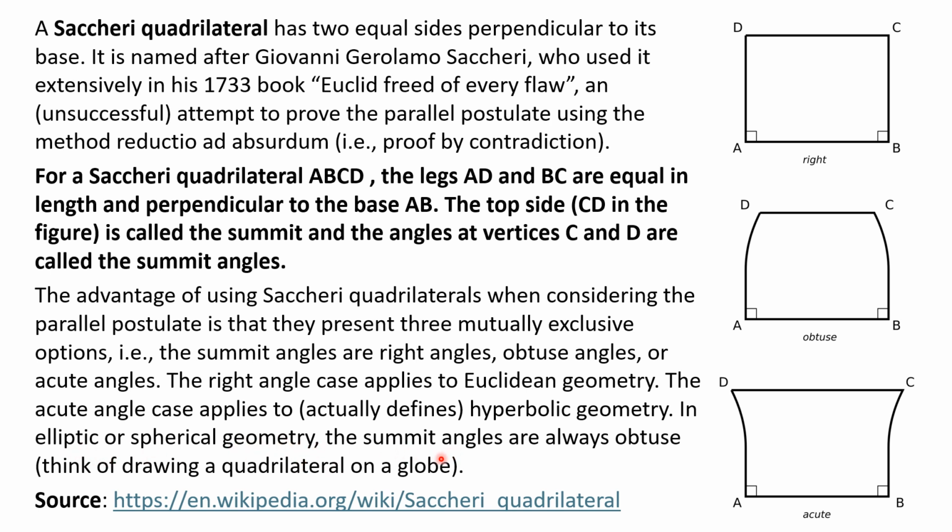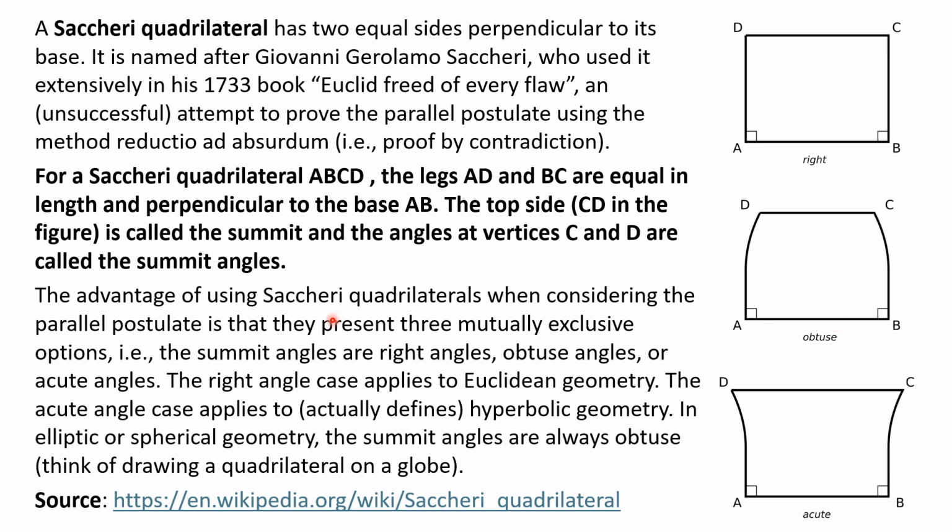You could think of this being drawn maybe on a sphere where the base is on the equator, and then this is further north, and of course the lines would bend, and then you would have an angle here bigger than 90 degrees.